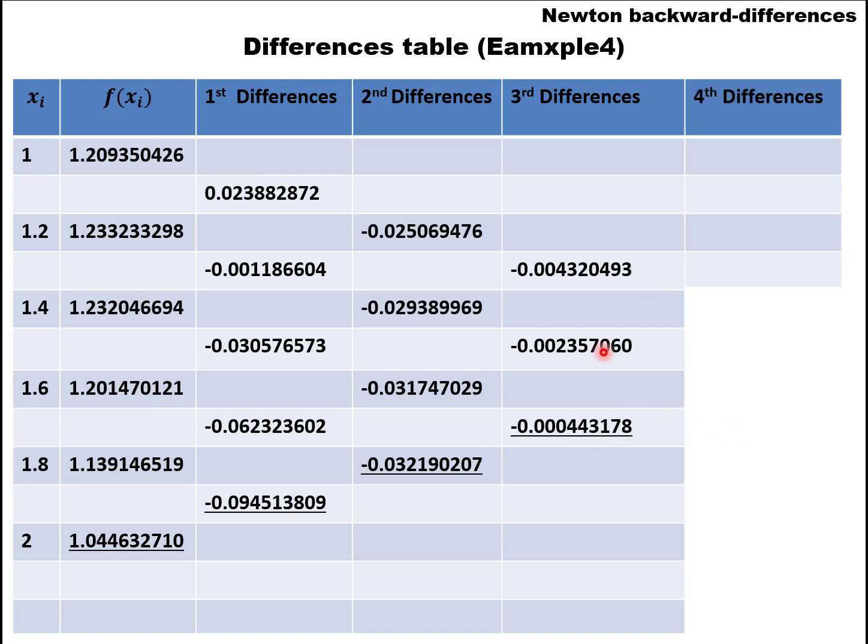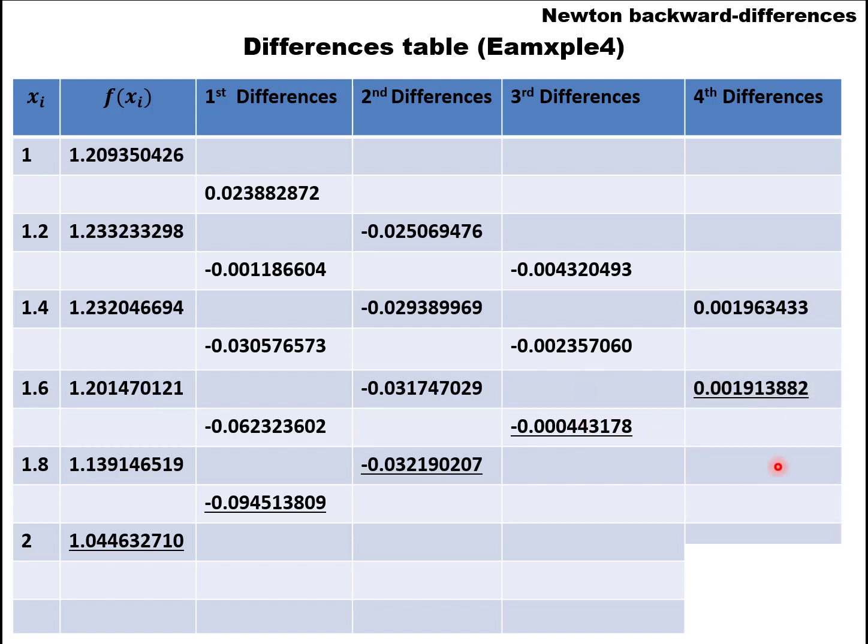Fourth difference, this value minus this value is given by 0.00196343. This value minus this value is given by this value. Now remember, minus 0.0019138882, this is nabla raised to the power 4 f of x5, nabla raised to the power 4 f of x4.